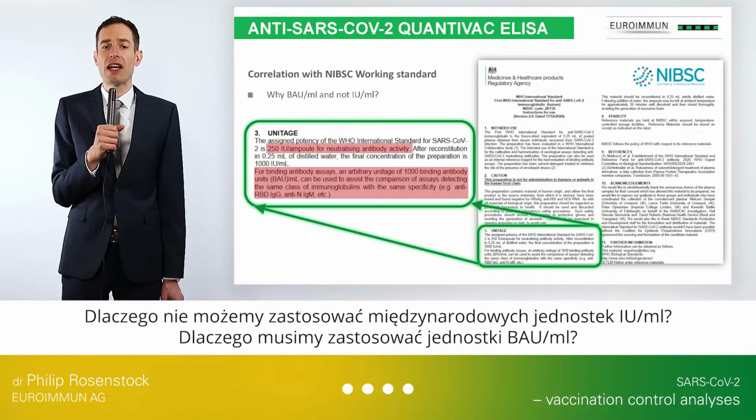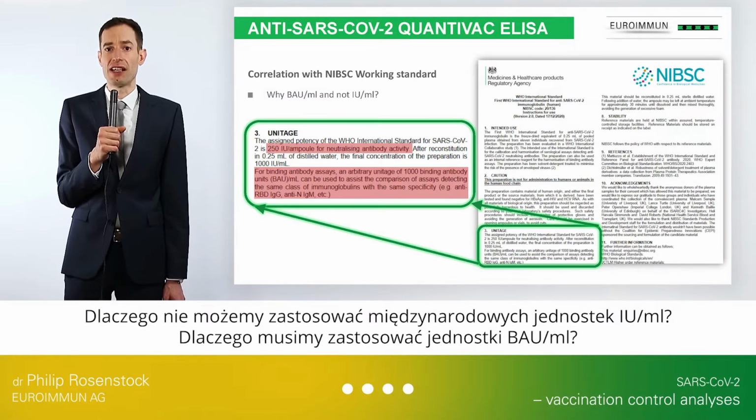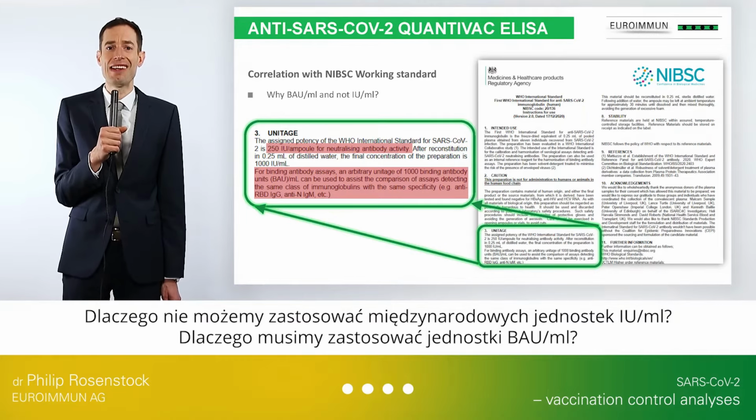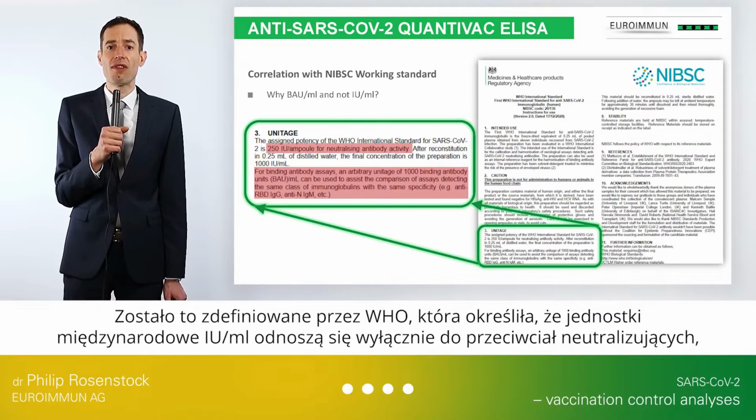Why can't we use the term international units? Why do we need to assign the results to these binding antibody units, BAU per ml? This is defined by the WHO and the NIBSC.